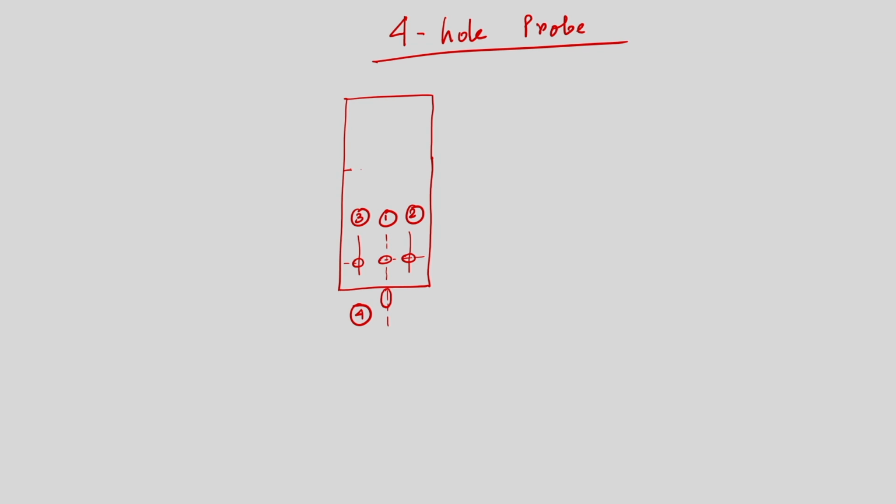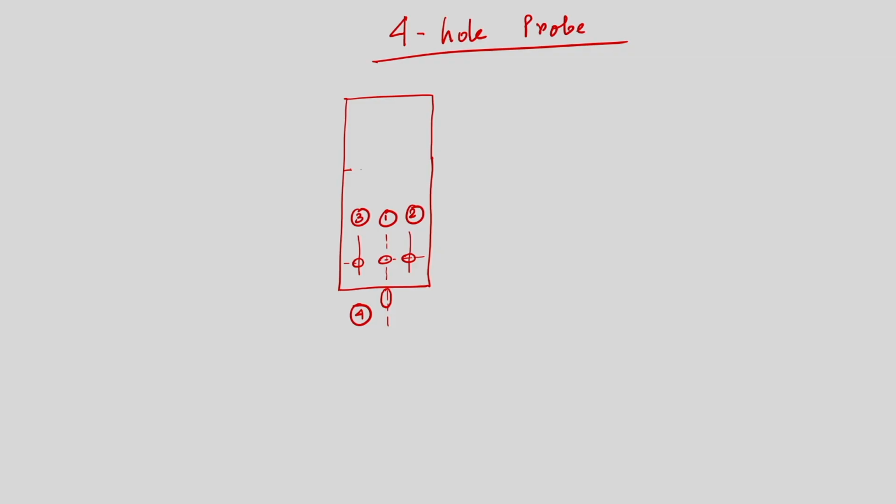We have discussed that these are radially drilled holes, and these holes are connected through pressure tubing. This is a special type of probe where we can place the probe even in places which are close to the solid wall, solid boundary.